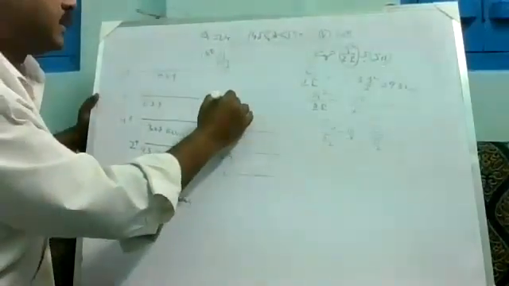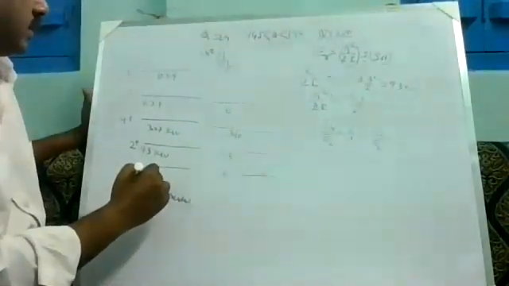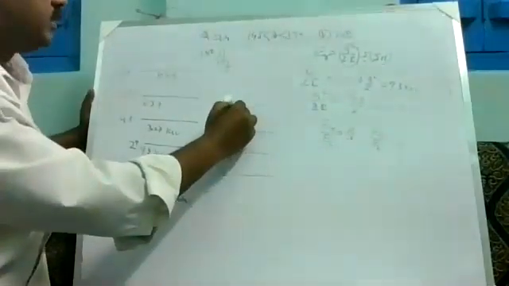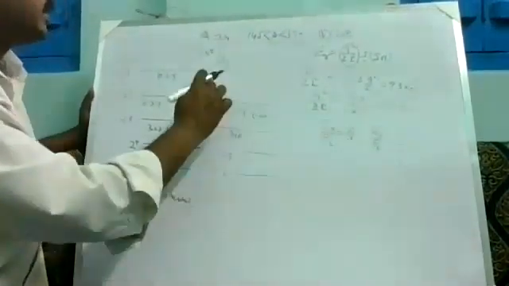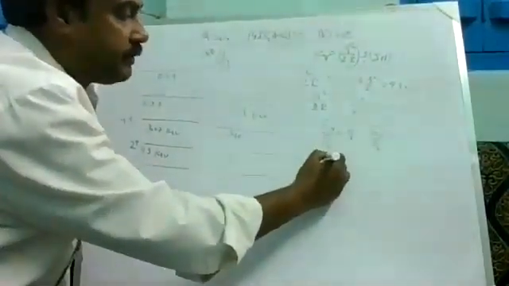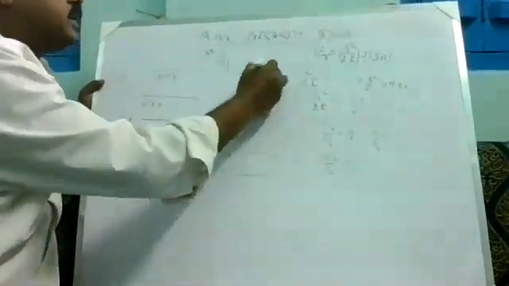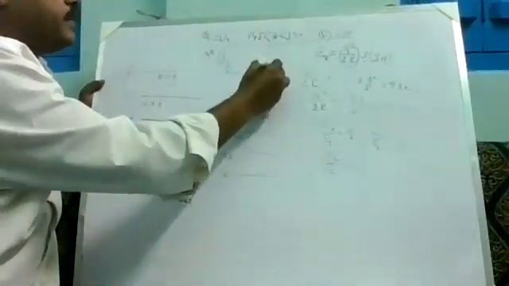E6 by E2 would be 7. So this will be 7 times 93, 651 keV, somewhat upper than this. And E8 by E2 would be similarly 12. So this would be 1160 keV.